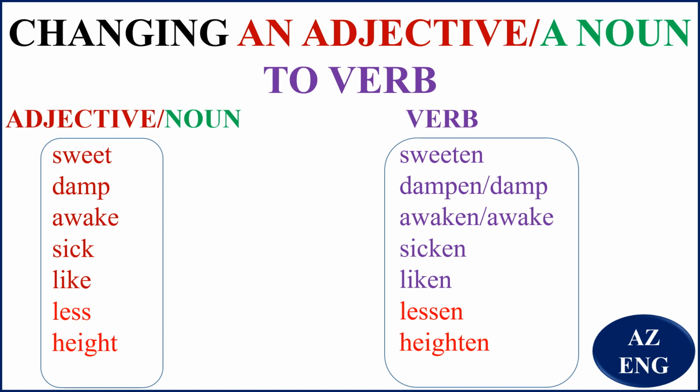Here, the meaning of heighten is about a condition, a situation increasing, like the tension, the fear heightens. That is, the fear increases. You get the difference, I hope. So height is a noun, but heighten does not mean the height of something. Rather, it talks about increasing, like a feeling, condition, situation.